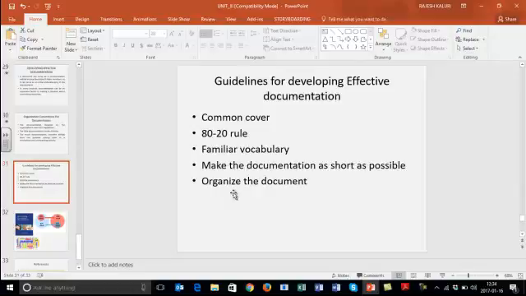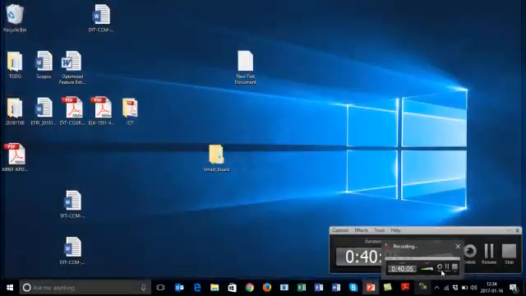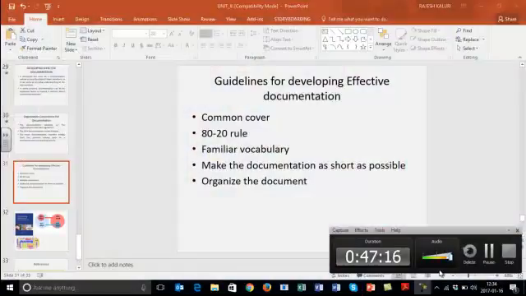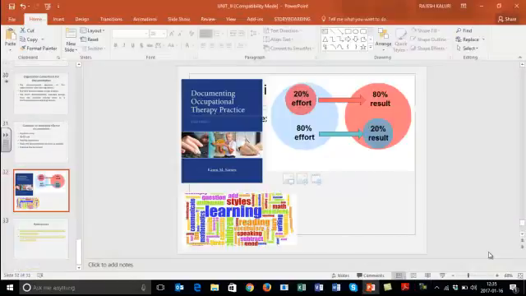So these are the cases I can tell you under guidelines for developing documentation. Also you can have a different styling for your documentation representation, but whatever you make, it should be understandable for the users. It should be very clear, and there should not be any ambiguity. So these are all the things.